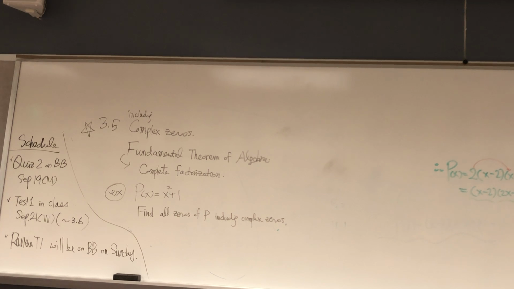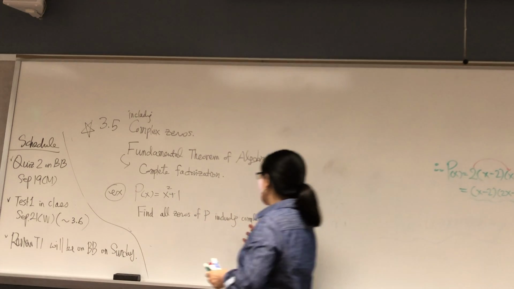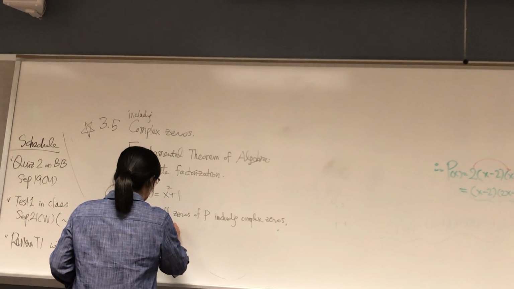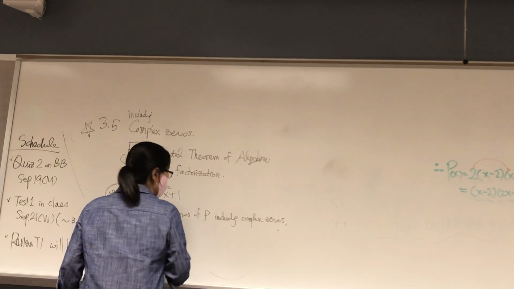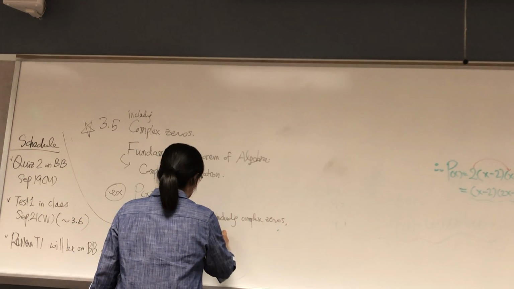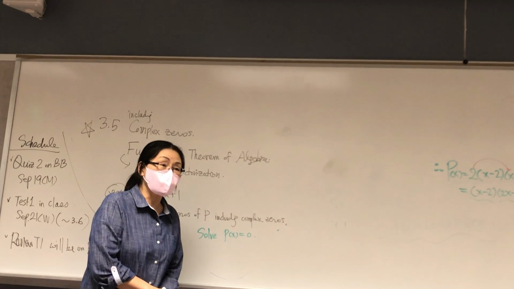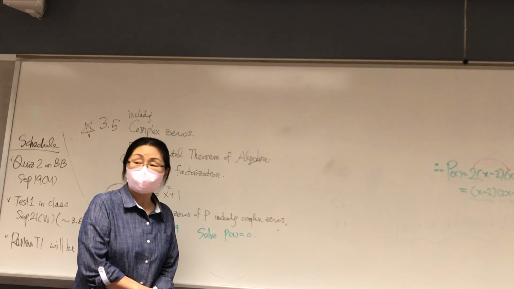To find the zeros, what do you need to do? By page 259, solve P of x equals 0 and find the solution. That is the zeros. Am I right? You understand?